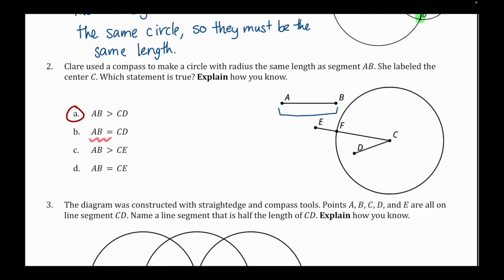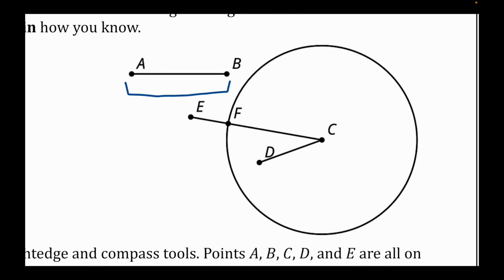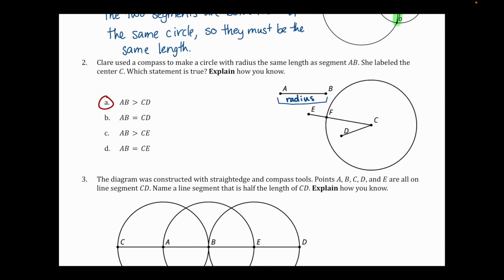So the next one is that AB is equal to CD. And if AB is my radius, the only thing that it could be equal to is going to be CF because that is also a radius, which means it connects to the center and the outside of the circle. So can't be that one.